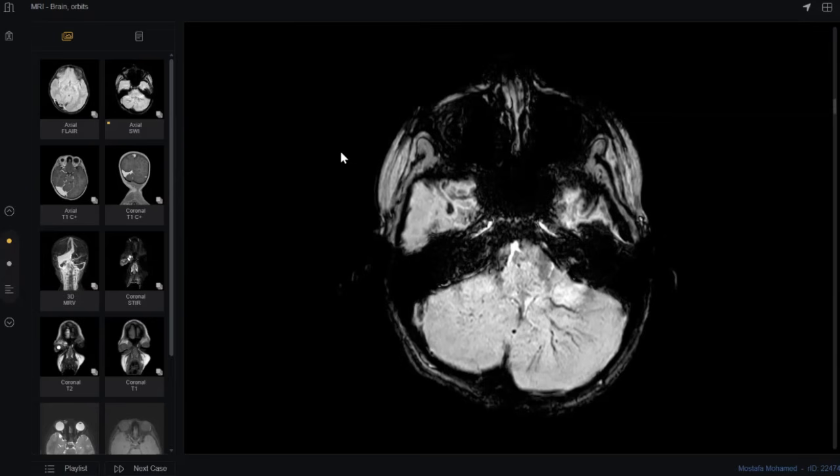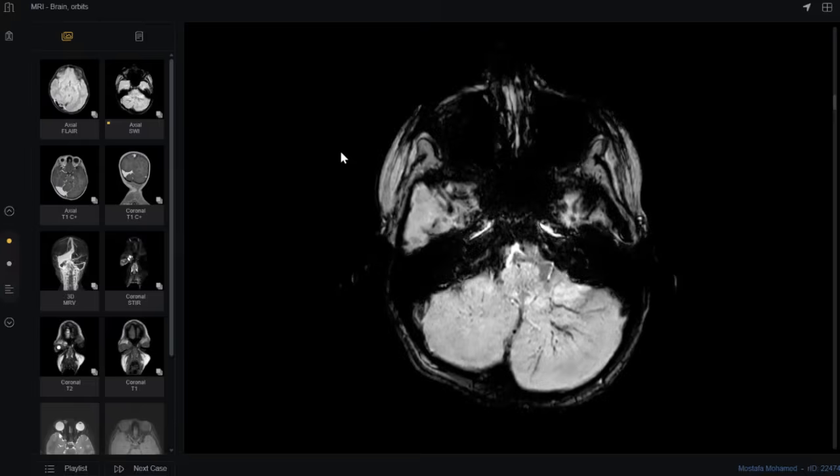There is hyperintensity in the adjacent walls of the dural venous sinuses, but the fluid is intact. In the SWI, I can see there is no evidence of any blooming. If it was blooming, I would have thought of it as thrombus. What else?